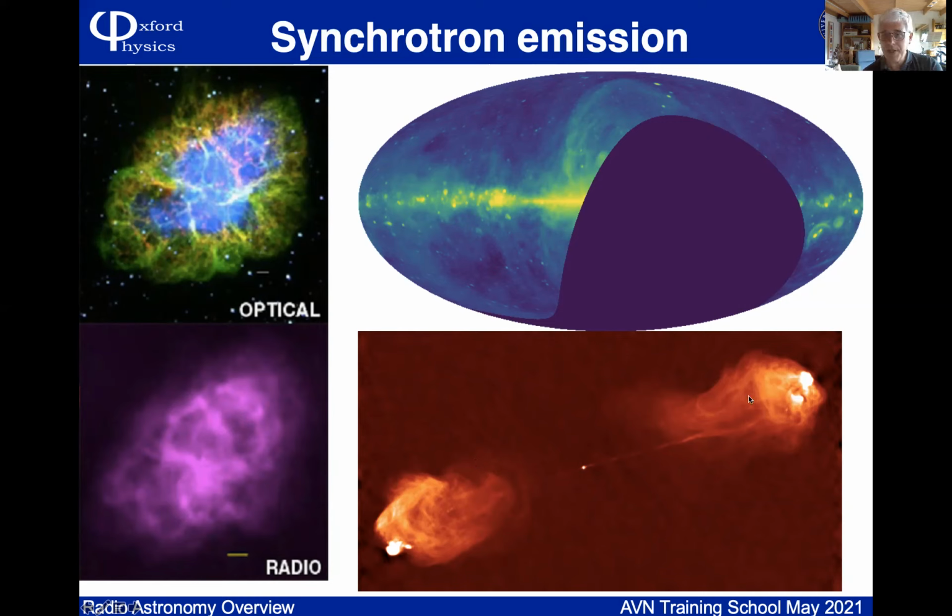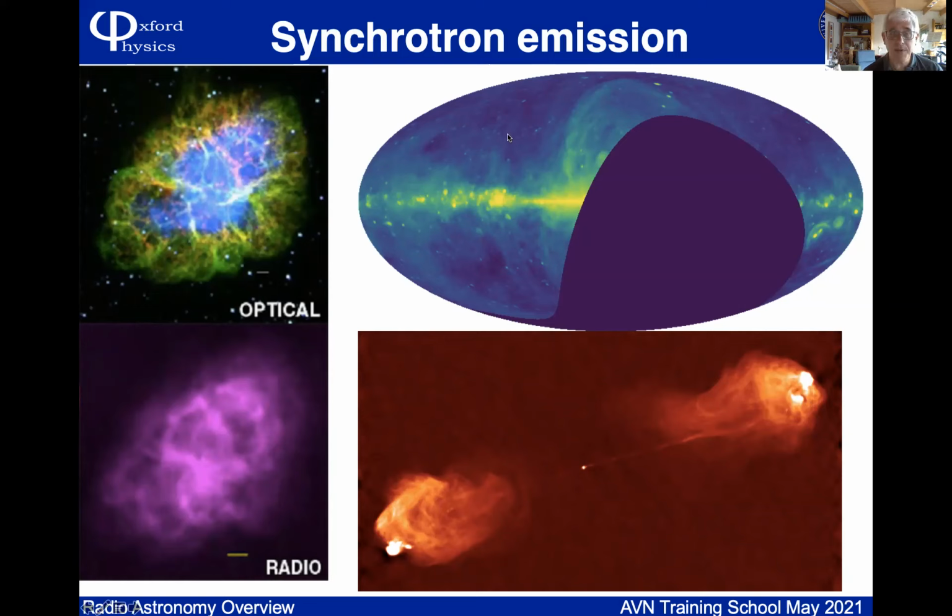So all this radiation that we're seeing here is synchrotron, and where the jet hits the surrounding medium and compresses, the magnetic field is compressed as well, the density goes up, the magnetic field goes up, and the synchrotron strength goes up accordingly, and we see these bright lobes.